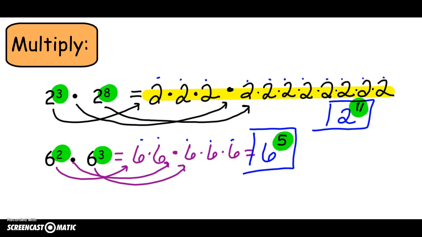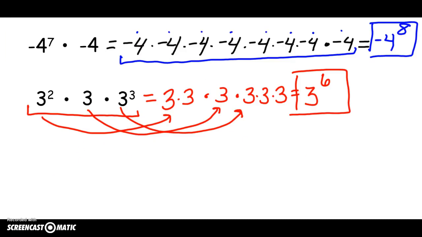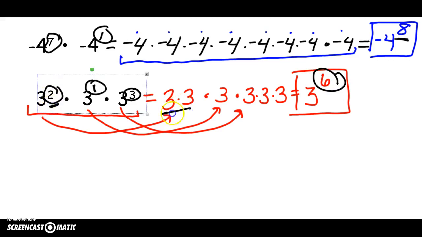If I look at my exponents, I will see that 3 and 8, if I add those together, I get 11. And 2 and 3, if I add those together, I get 5. And 7 and 1, if I add those together, I get 8. And 2 and 1 and 3, I get 6. Because this is saying I have 2 3's plus another 3 plus 3 more 3's, and that's 6 total.